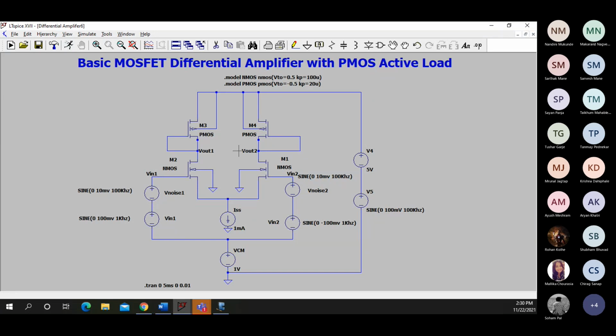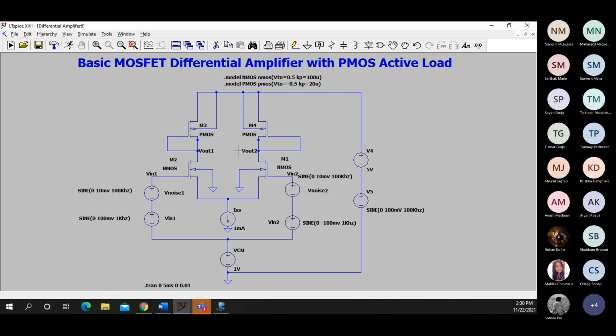So this is called an active load differential amplifier. Many times a resistance will consume huge area when you are making an IC. If you want to fabricate a resistance, it will consume typically 100 times the area required for a transistor. So we prefer to make transistors instead of resistances, and that is why we use this topology, where we get the same effect without using resistances.